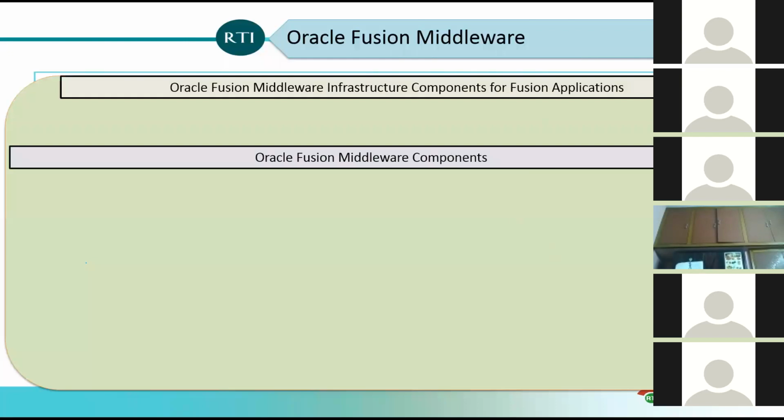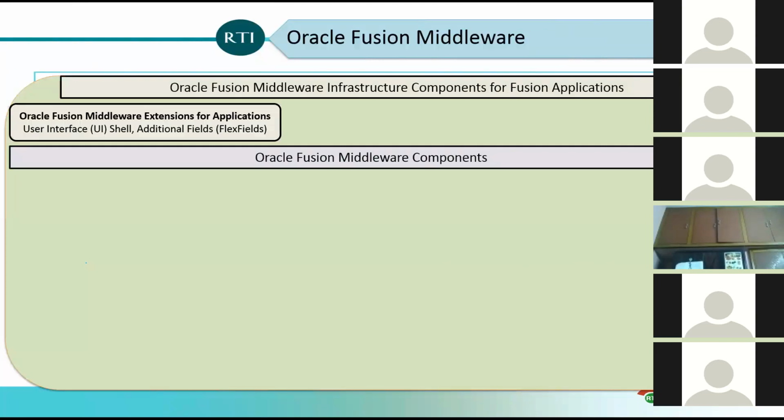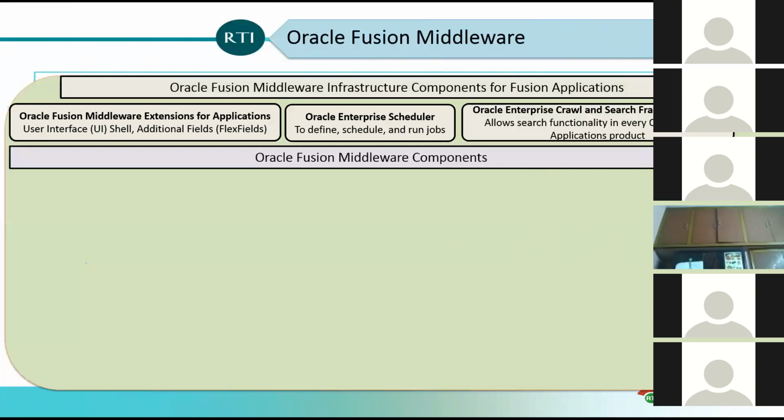For the infrastructure components for Fusion applications, we have three things: Oracle Fusion Middleware Extensions for Applications, Oracle Enterprise Scheduler, and the Oracle Enterprise Crawl and Search Framework, ESCF. So what are these three?